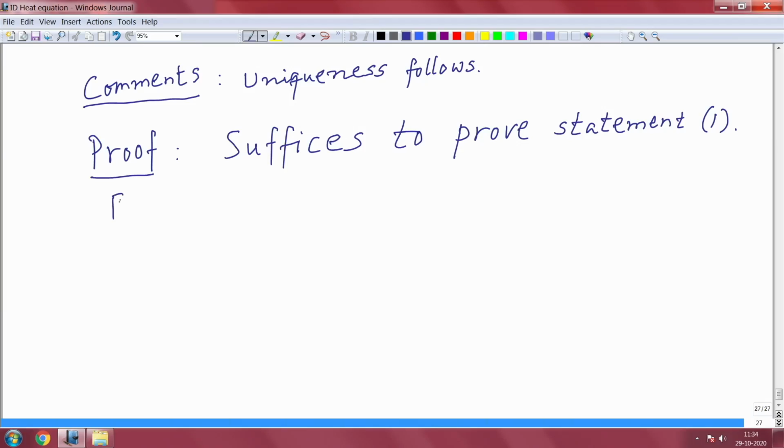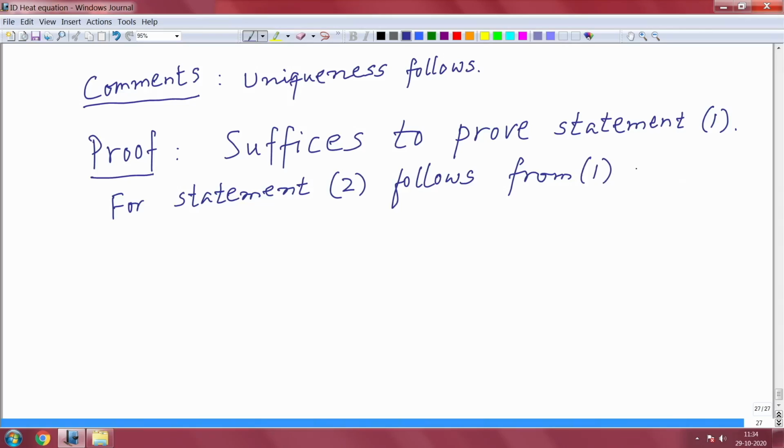For statement 2 follows from 1, replacing u by minus u.